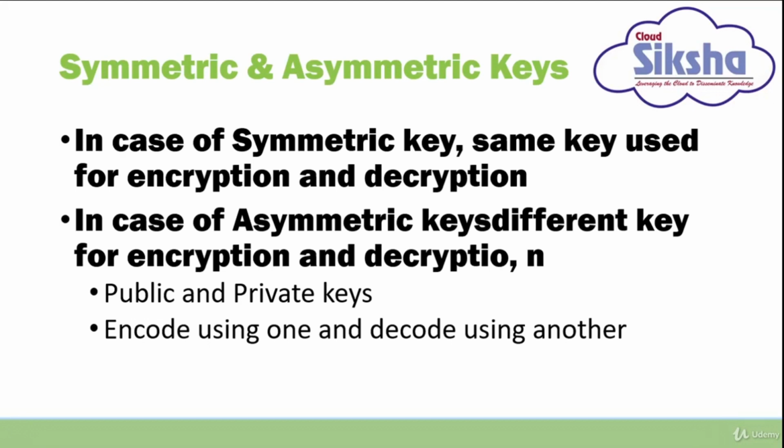So you encrypt your data when you are doing an SSH using your private key, and up there the decryption will happen using the public key that Amazon has. So you use one key to encrypt and another key to decrypt. This is called asymmetric keys.